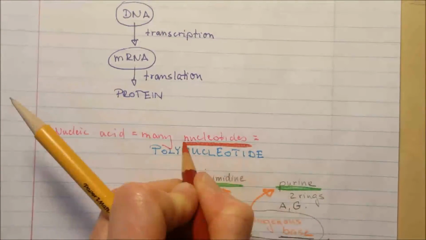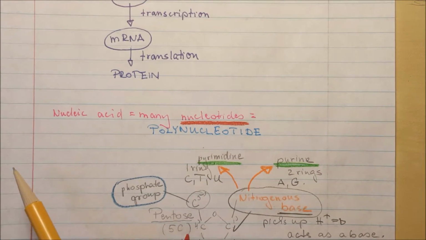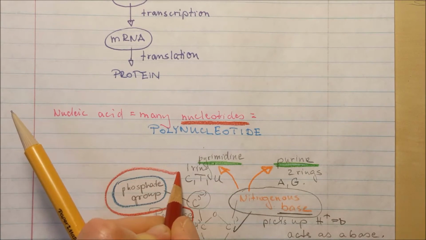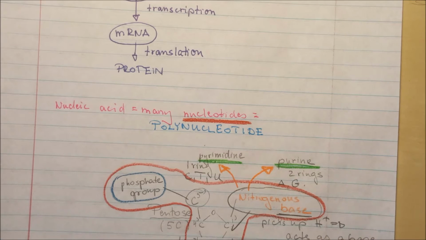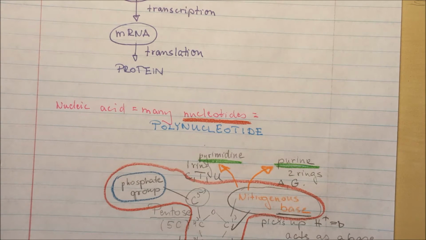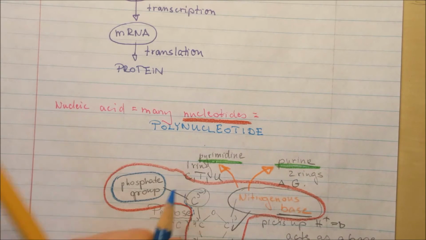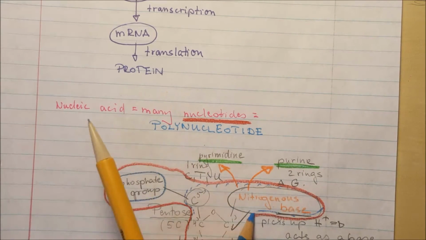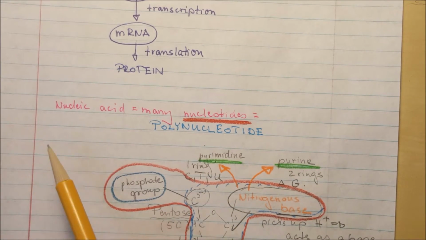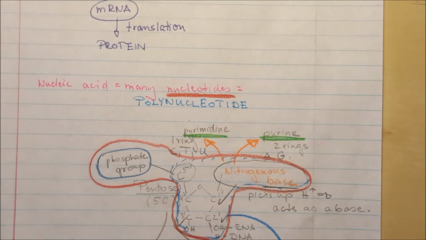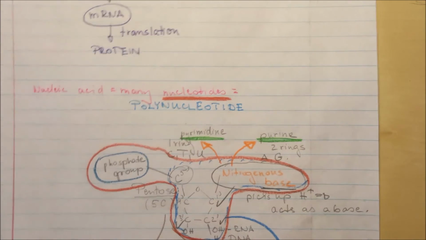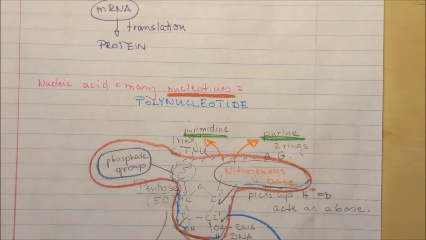Okay, so nucleotides. Nucleotides I'm going to just draw around with a red pencil. It contains the phosphate group, the pentose, and the nitrogenous base. With the blue pencil, I'm going to draw around the pentose and the nitrogenous base without the phosphate group, and they are called nucleosides.